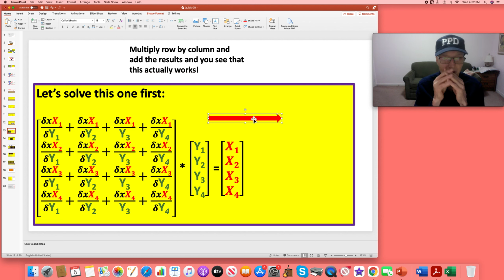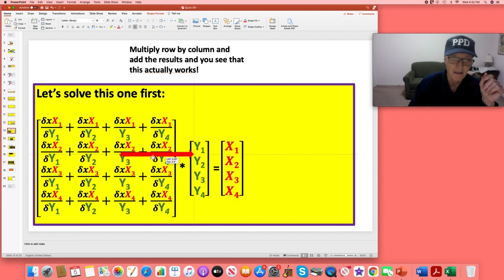It's amazing. And then you do it for y3, and all the changes with x1, y1, y2, y3, y4, and you get x3 from y3. And the same with x4 here. You take the bottom row, multiply it by this column, and it creates the new value for x4.